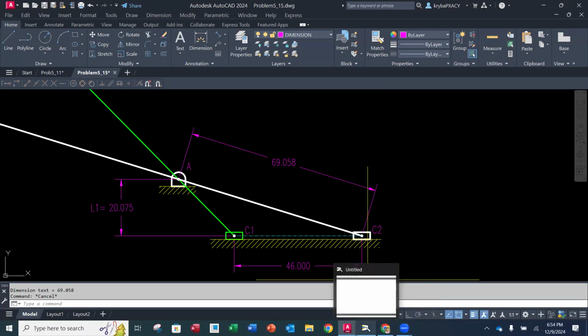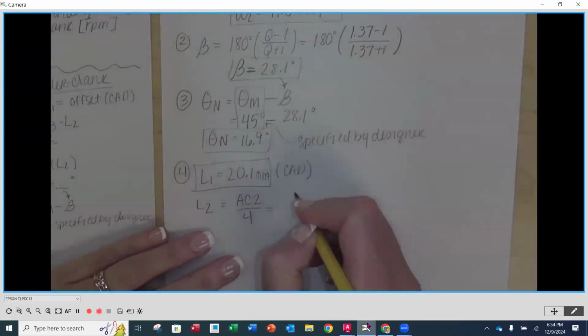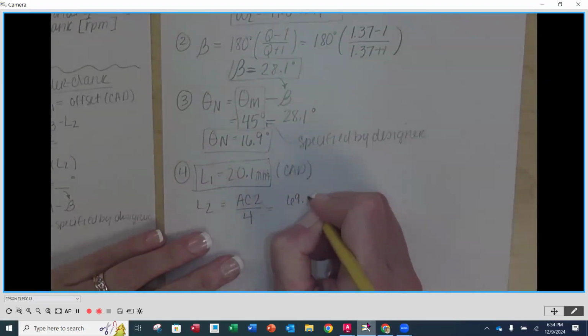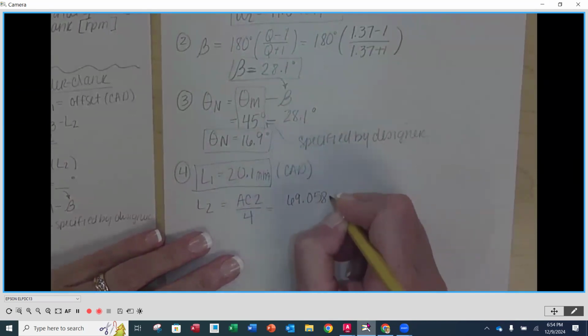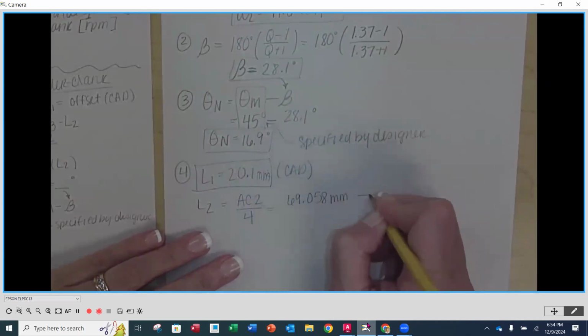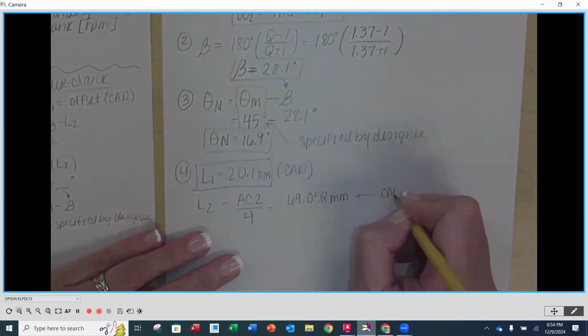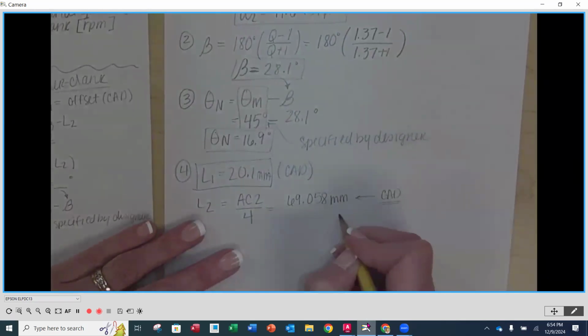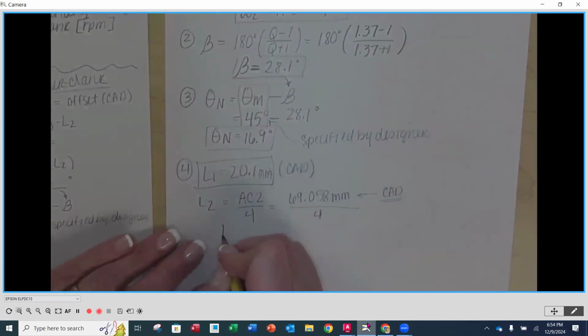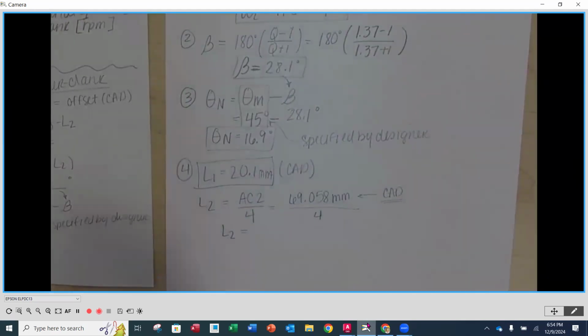So I'm going to go back underneath here, and this is going to be 69.058 millimeters, measured from CAD. We're going to divide that by 4, and that's going to be my L2. What do we get?